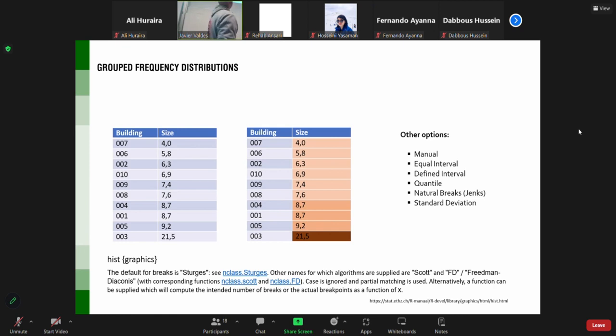On the right side, we can see 3 different colors for 3 different classes. What is the problem? We have a class that is empty. So sometimes using a rule of thumb is not enough.